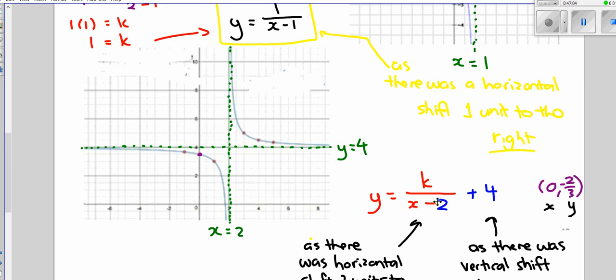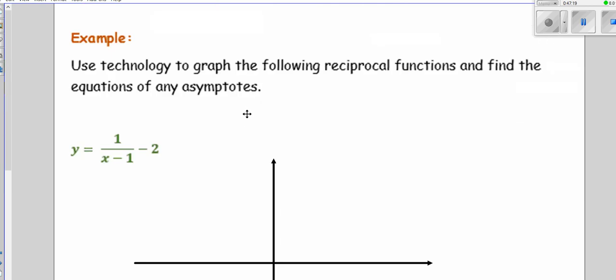It's an asymptote at x equals 2, because 2 minus 2 makes the denominator 0, which is not allowed in maths. And this one helps you to work out that. So that little negative 2, it's going to be a horizontal asymptote at y equals negative 2.